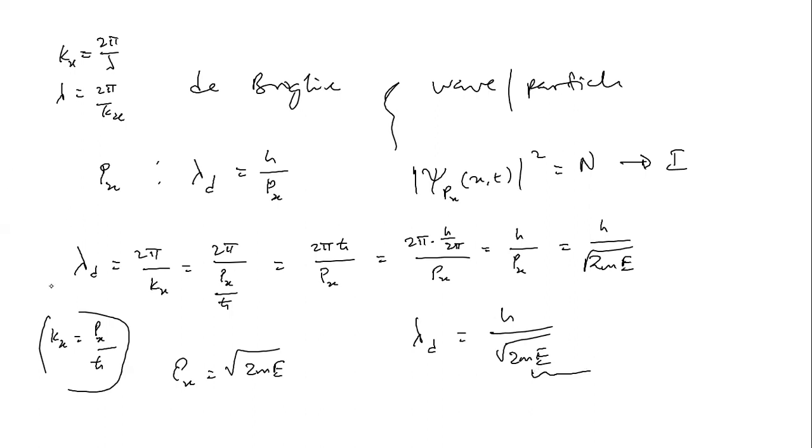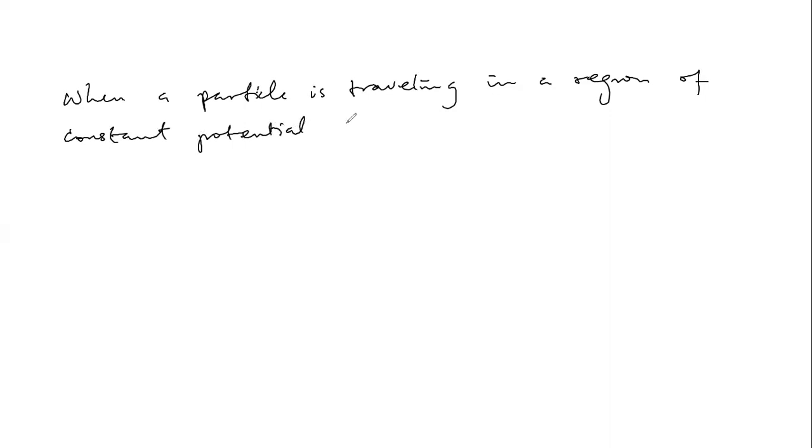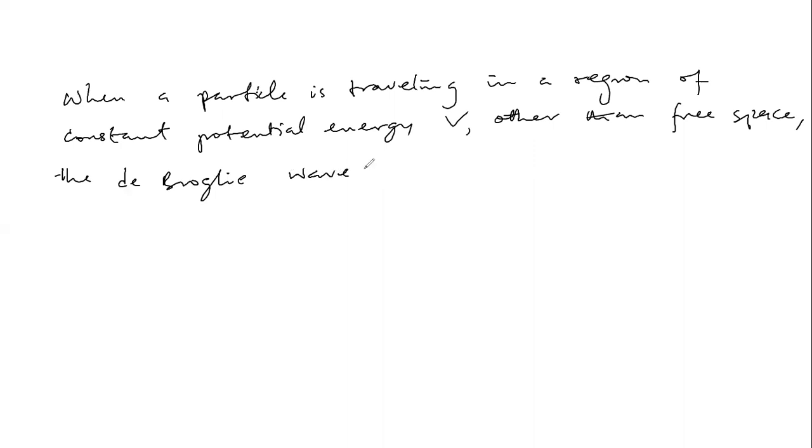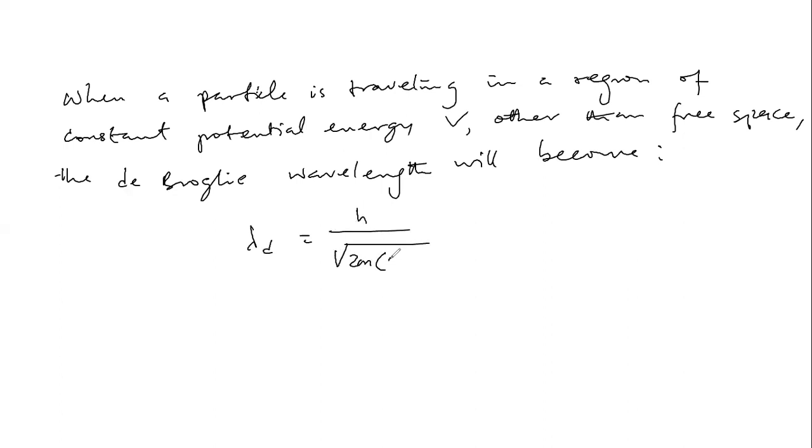So when a particle is traveling in a region, because so far we've been talking about free space, in a region of constant potential energy V other than free space, the de Broglie wavelength will become lambda d equal to h over the square root of 2m(E minus V).